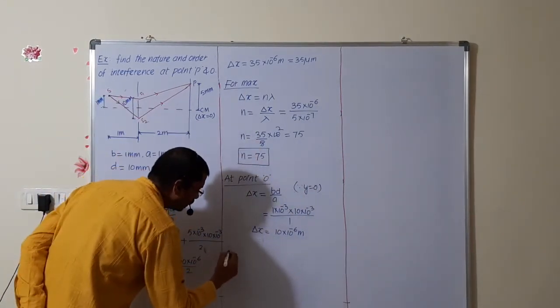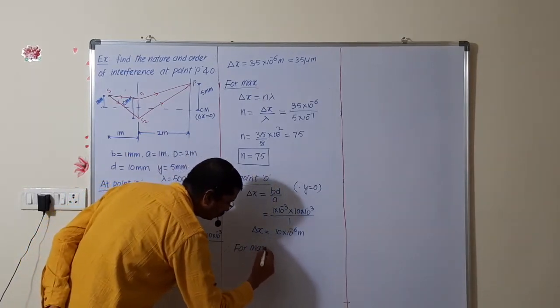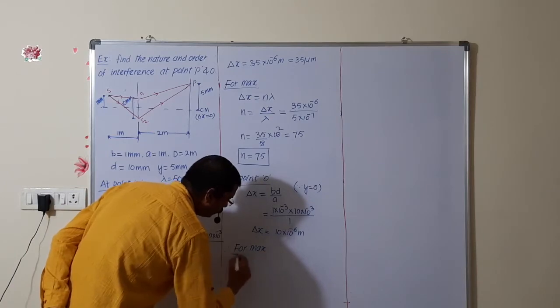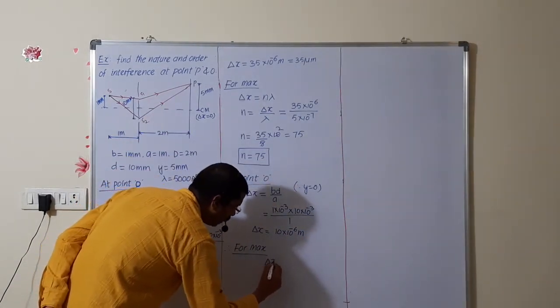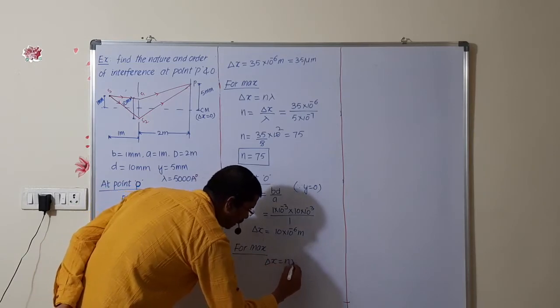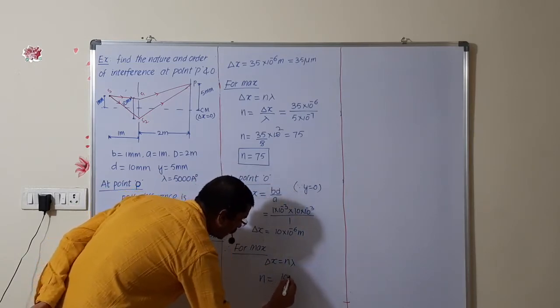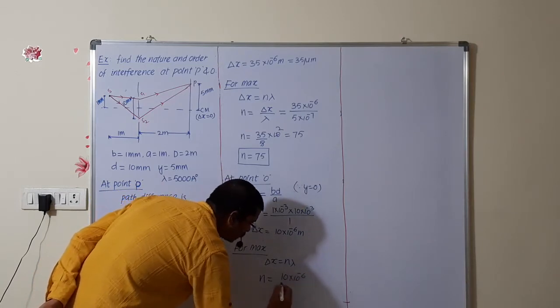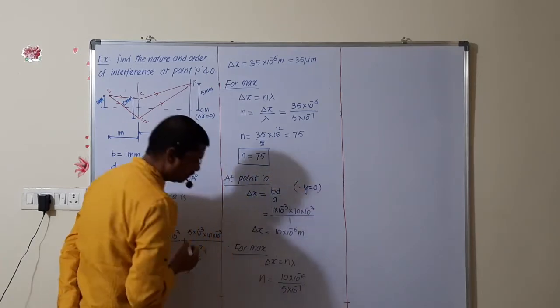Now I am taking for maxima. For maxima, delta x is equal to n lambda. n is equal to 10 into 10 to the power of minus 6 upon 5 into 10 to the power of minus 7.